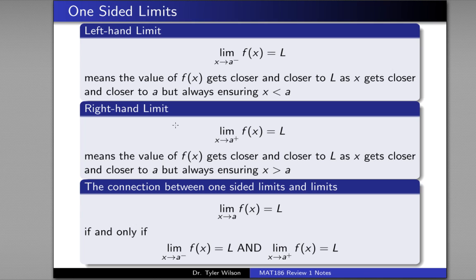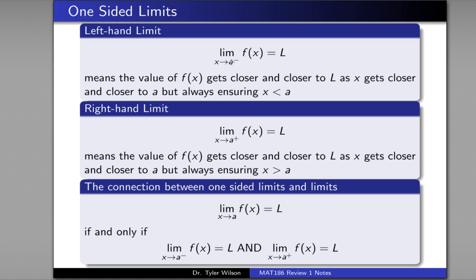All right, so the idea of a one-sided limit is that instead of taking the limit as x goes to a number, you can take the limit as x goes to a from the left. This negative sign means that you should be thinking about what is happening to the function as x gets closer and closer to a, but only for numbers smaller than a.